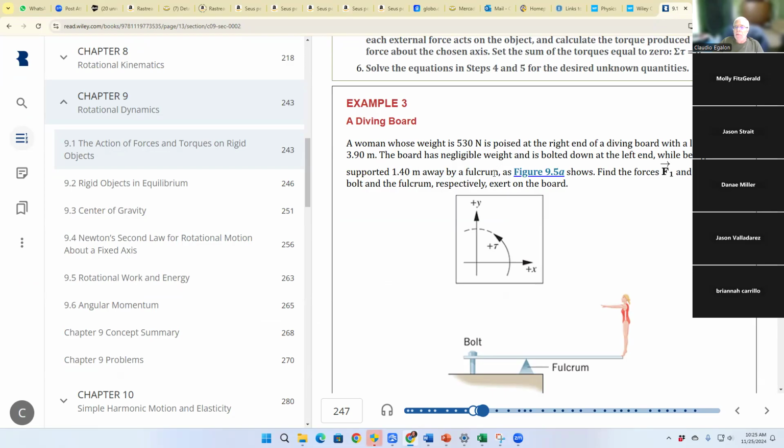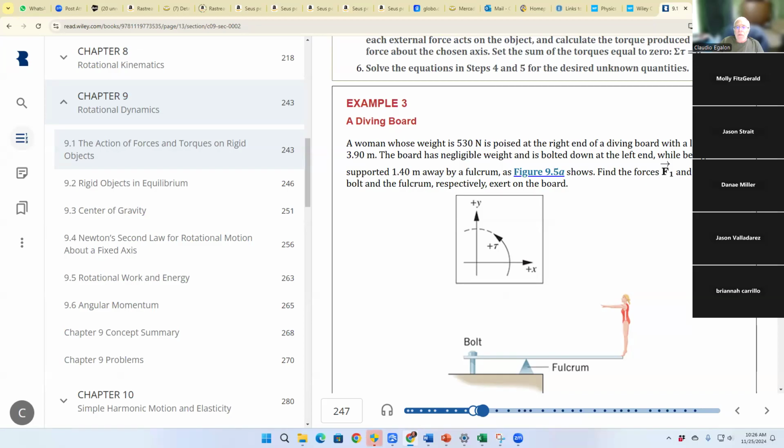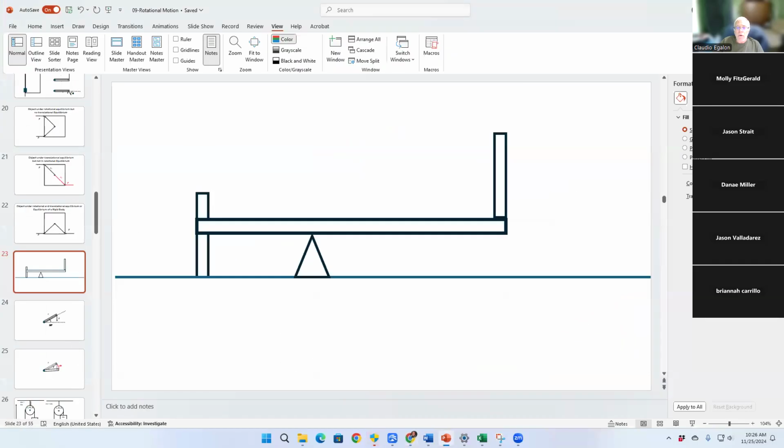Okay, the board has negligible weight and is bolted down at the left end while being supported 1.4 meters away by a fulcrum. Okay, 530 newtons, 3.9, 1.4, right? Those are the numbers. 530, 3.9 length, 1.4 meters away.